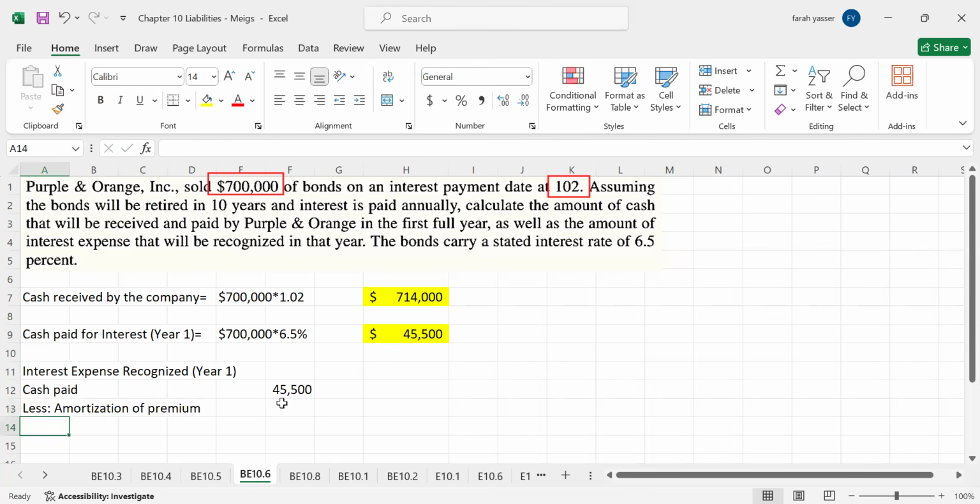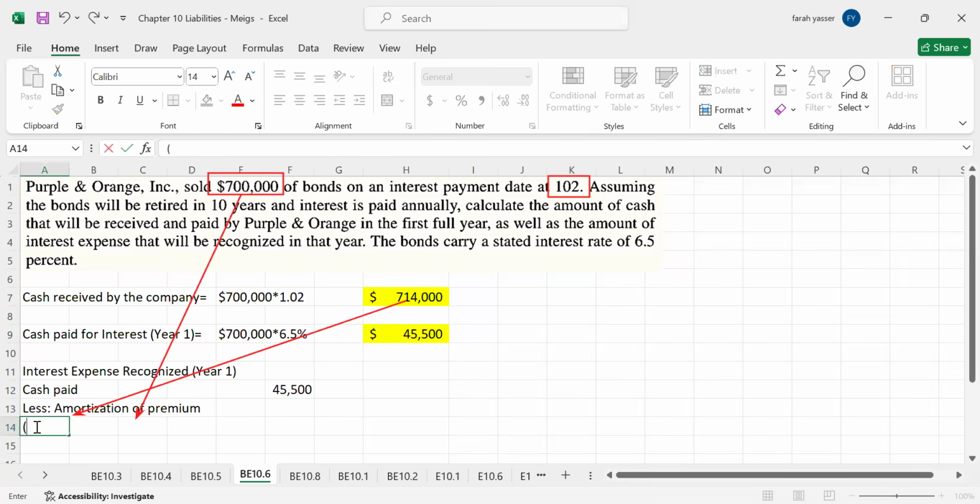To calculate the total amount, we take the difference between the issued amount and the face value.